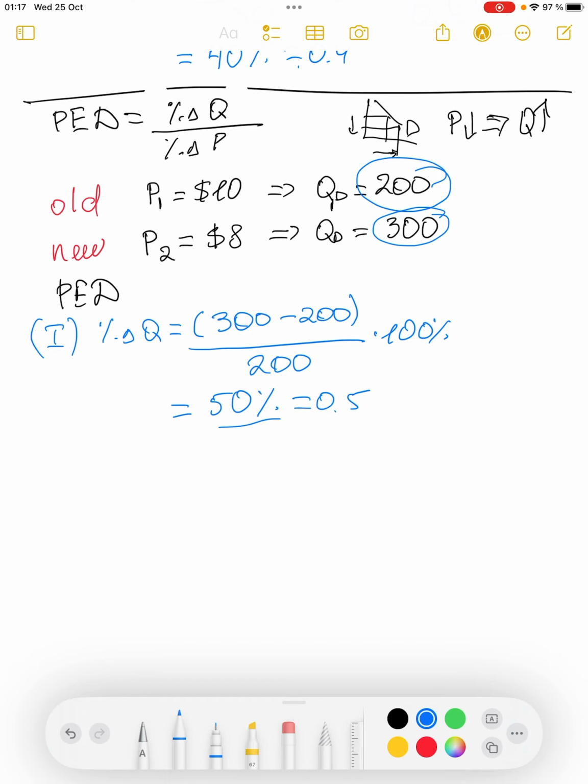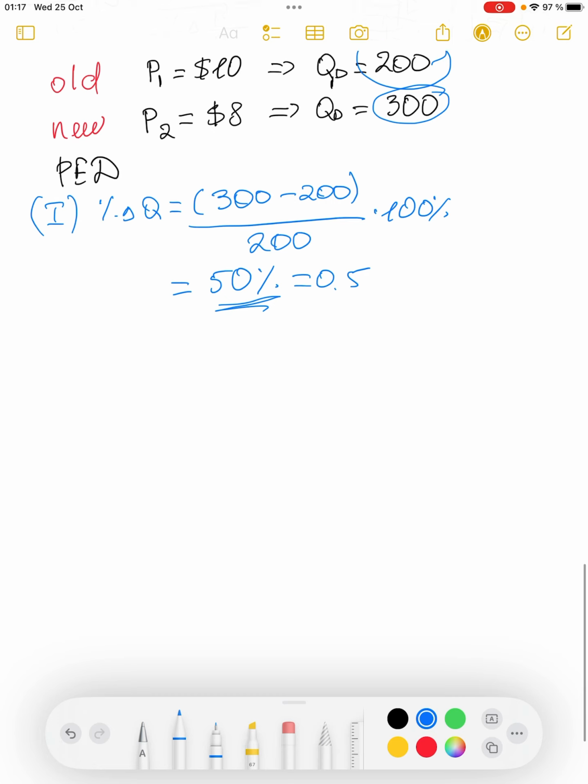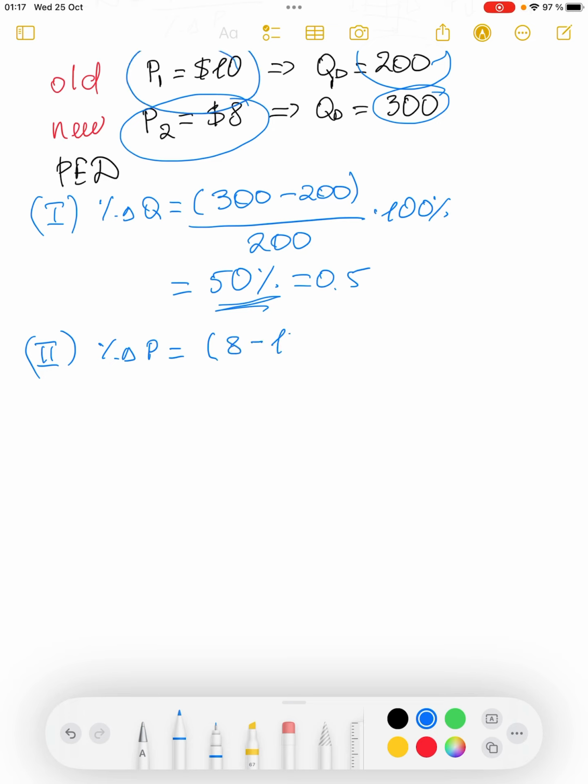Well, we need percentage change, so we stick to 50%. The second step, percentage change in price. Again, the new value of $8 minus the old value of $10, over $10, multiplied by 100%, and that is minus 20%. Okay?